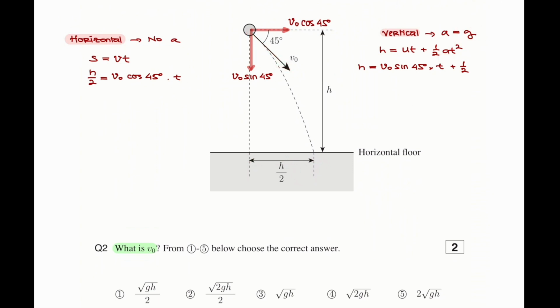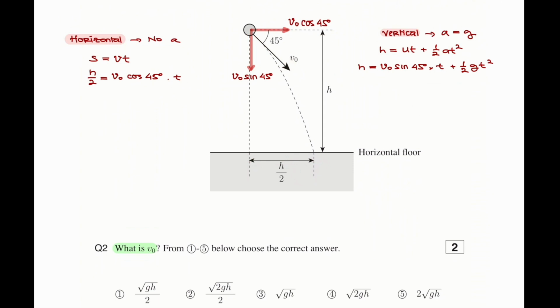Our ball or our object is moved downward, and then the gravity is also downward. That means our motion is accelerated. Since it is accelerated, then the sign here should be positive. Half gt squared. This is our analysis in vertical component.